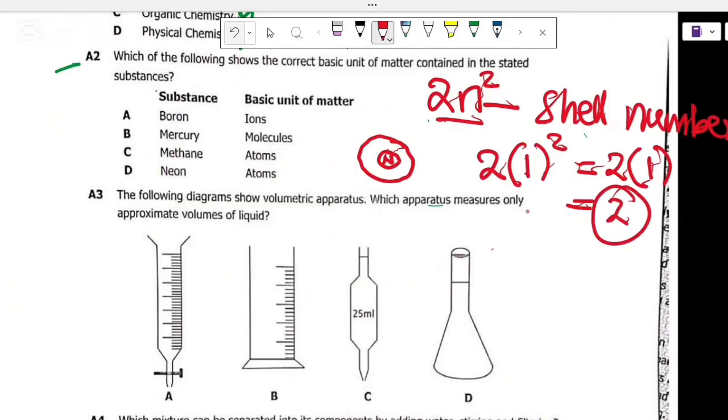So that means for any atom that you are writing, the first shell should only have 2 electrons. Only 2. For it to be stable. That is for a stable atom that is electrically neutral, it should only have 2 electrons.